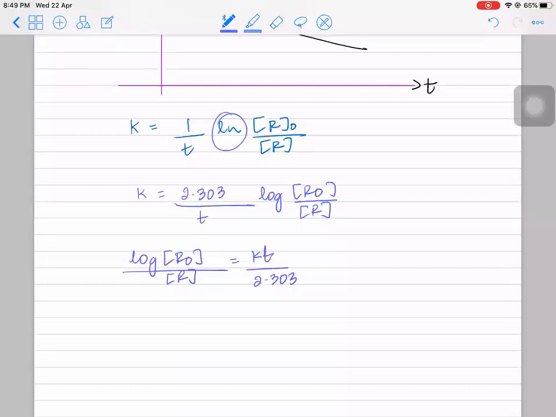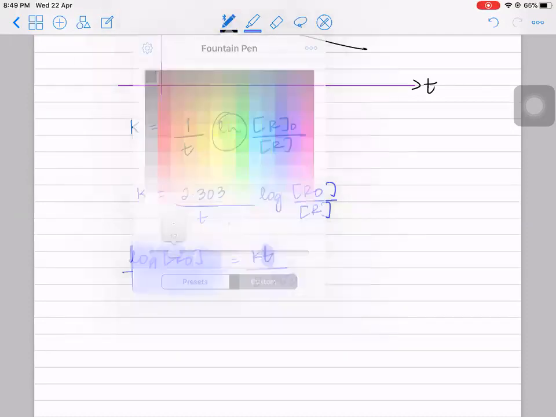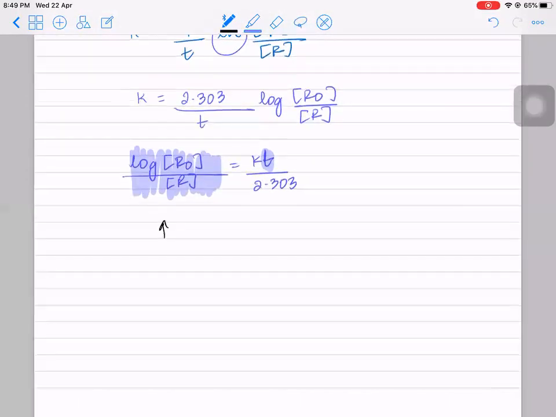So can I say that my time is directly proportional to the log of concentration, right? If you increase time, the value of log r naught upon r will also increase, right?